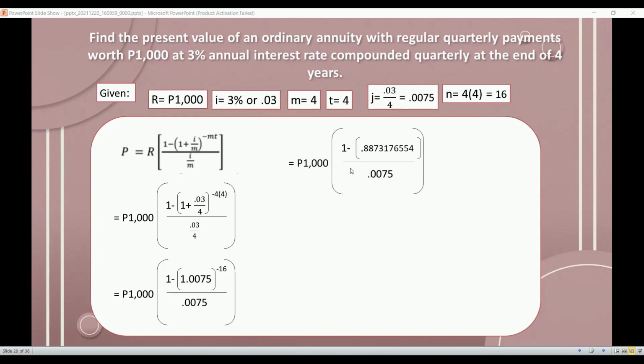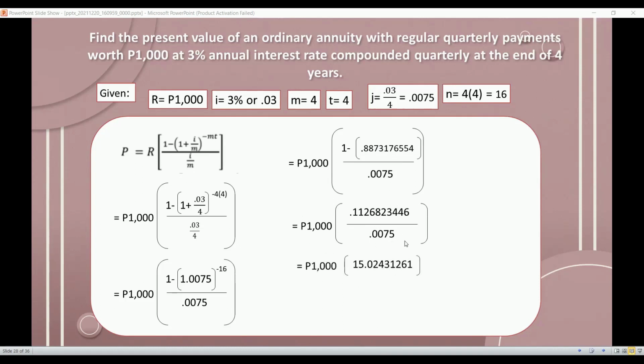Next, we solve what is inside the parenthesis, raised to negative 16. So, this is the answer we get. Then copy 1 minus parenthesis, our answer, all over our J. So, this is the answer we get over 0.0075.